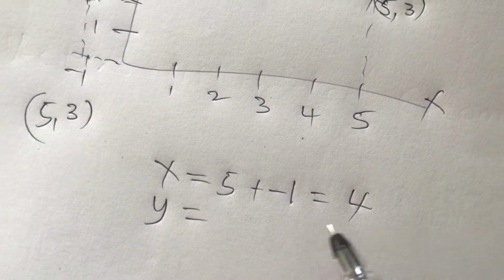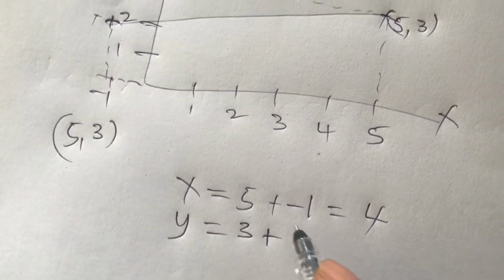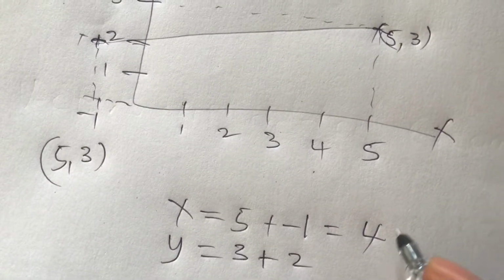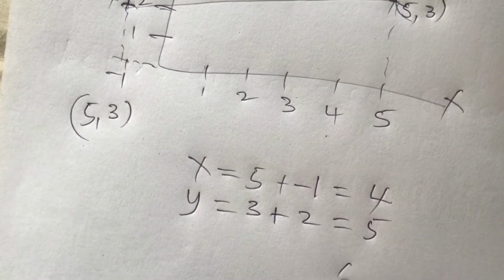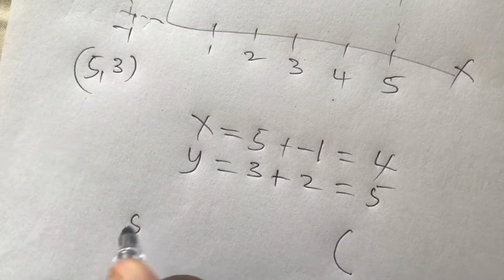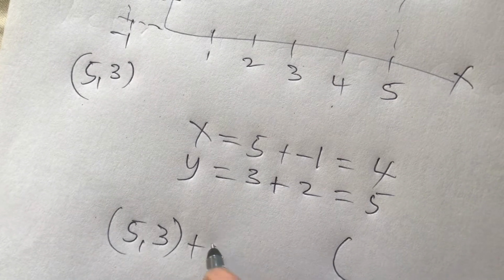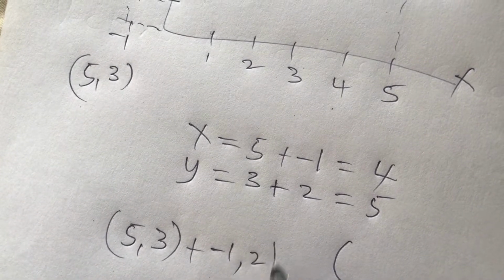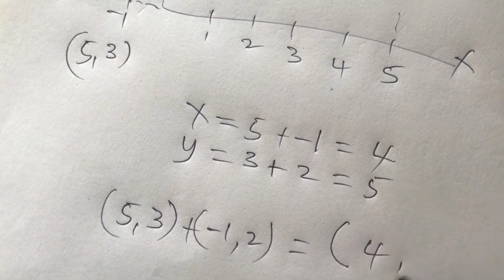Y is equal to 3 plus 2, which is 5. The coordinate now will be your final coordinate of adding (5, 3) plus (-1, 2), which will be equal to (4, 5).